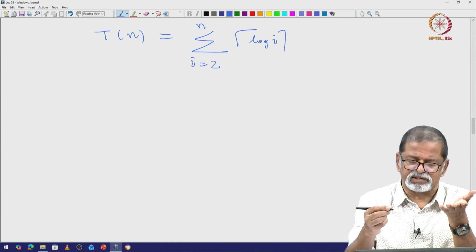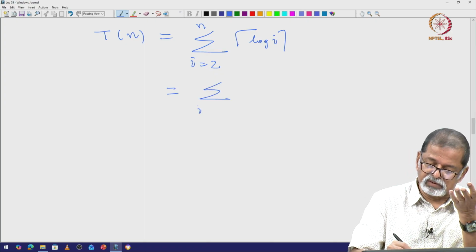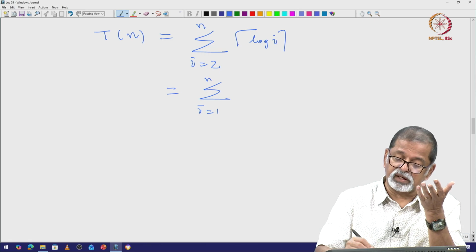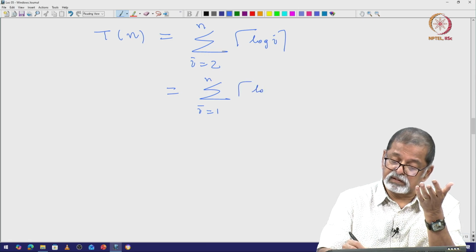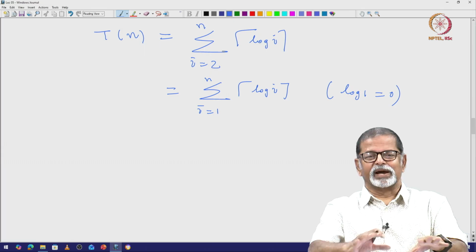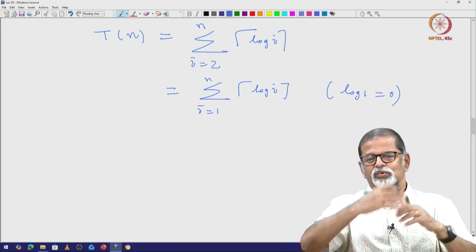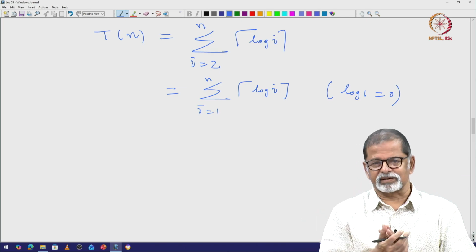Since log 1 is 0, I can as well write this as sigma I equal to 1 to n of ceil log I. This is because log 1 is 0. I simply added a 0 term, but I make it look clean. Sum going from 1 to n terms are added.